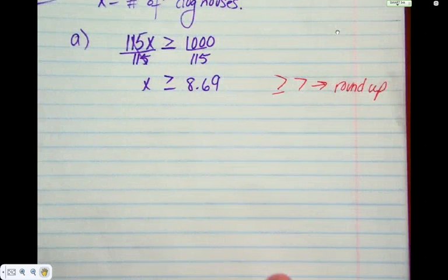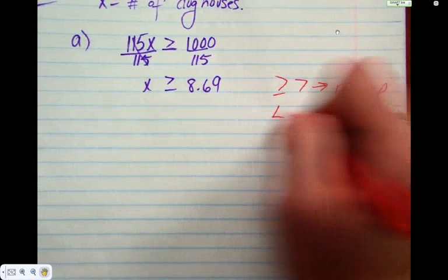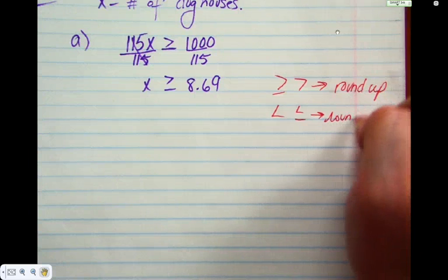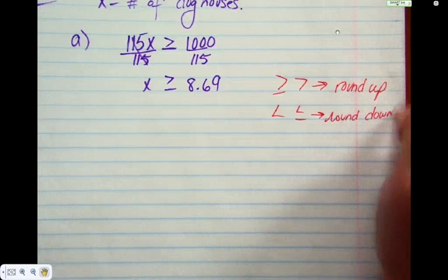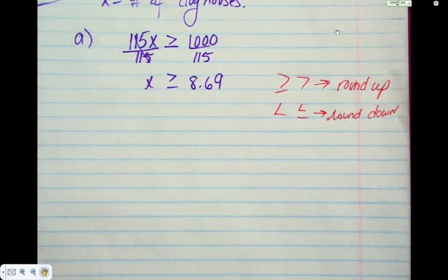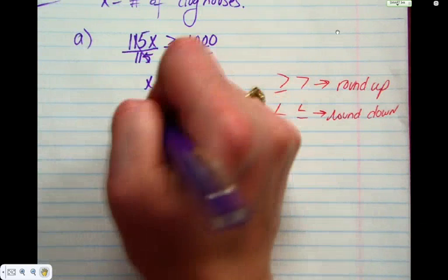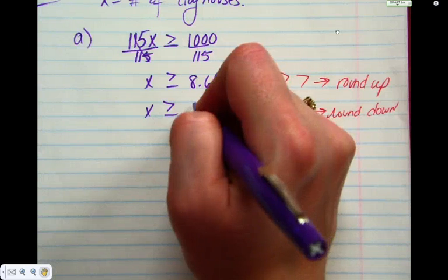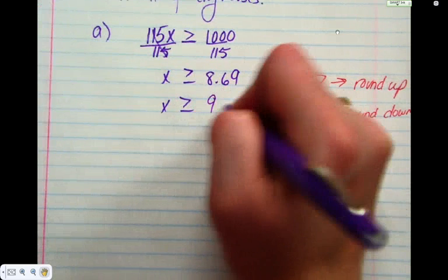What about less than or equal to? Round down. So X has to be greater than or equal to 9 doghouses.